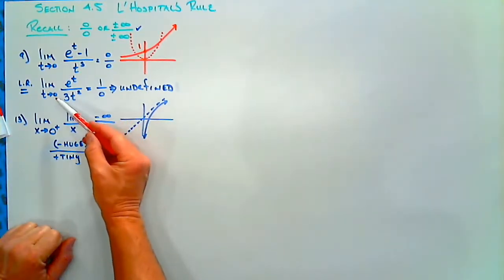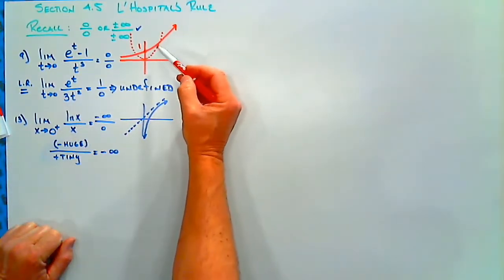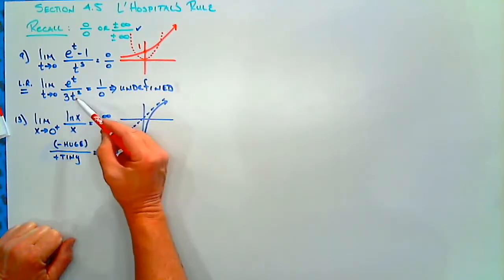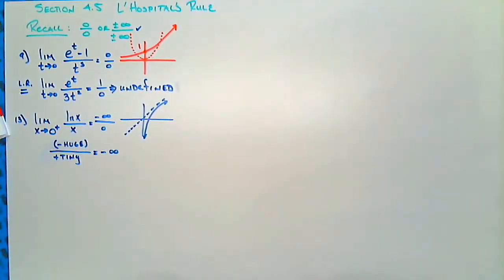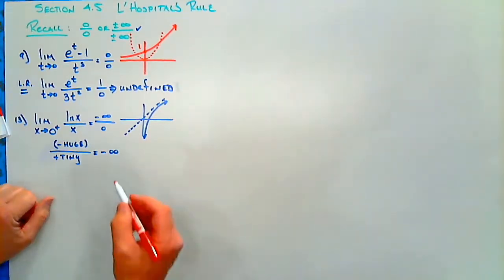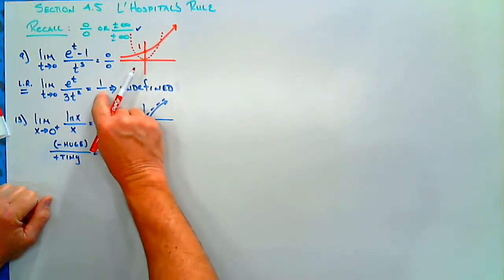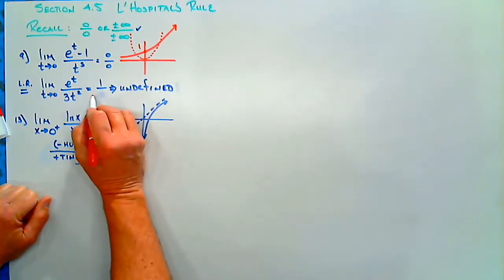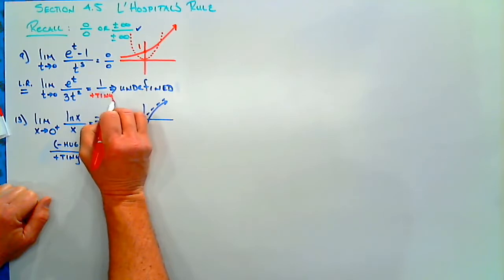If I plug in numbers closer and closer to 0, the numerator goes to 1. What's going on with the denominator? Well, as I plug in numbers closer and closer to 0, this denominator, instead of writing that as 0, which indeed it is, is going to a positive tiny number, isn't it?